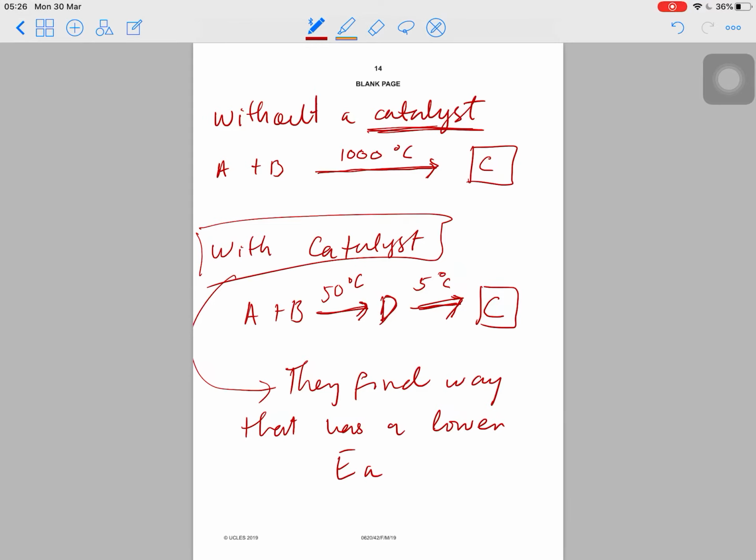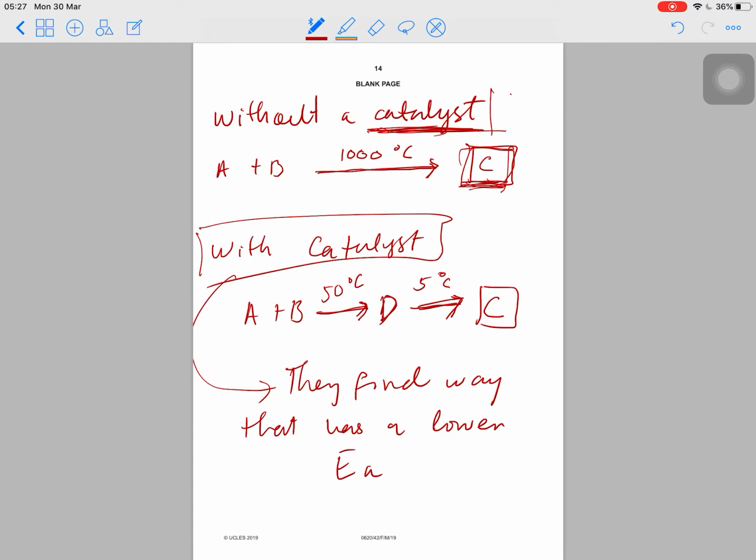But if your reaction is without a catalyst, you will directly go straight forward. A plus B will turn into C right away. But this reaction has a higher activation energy.